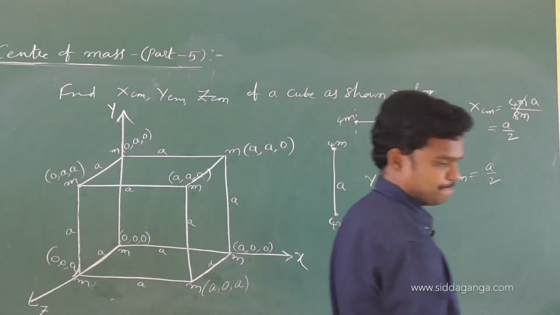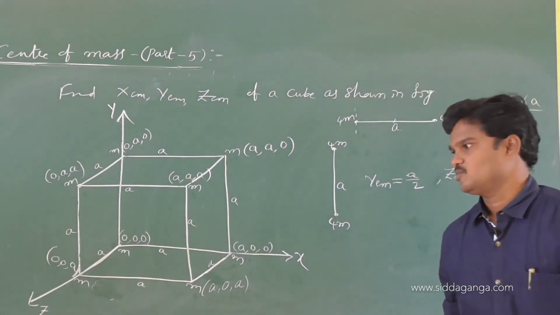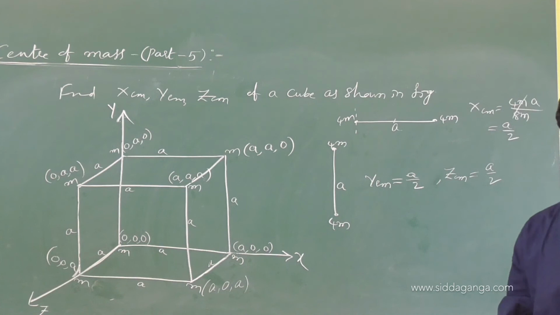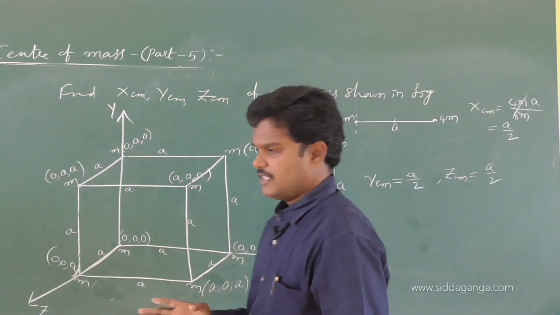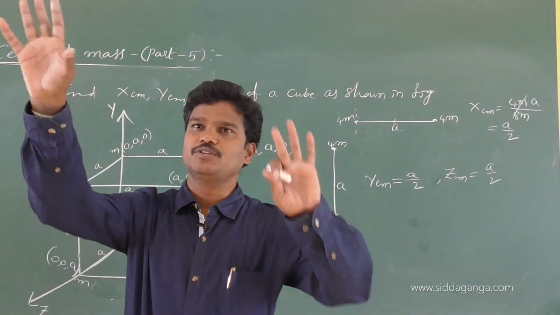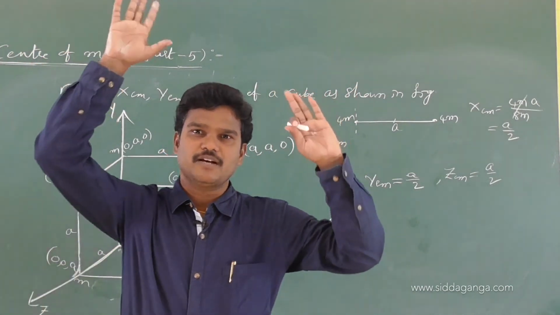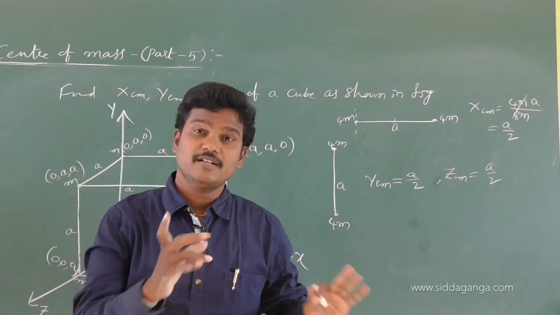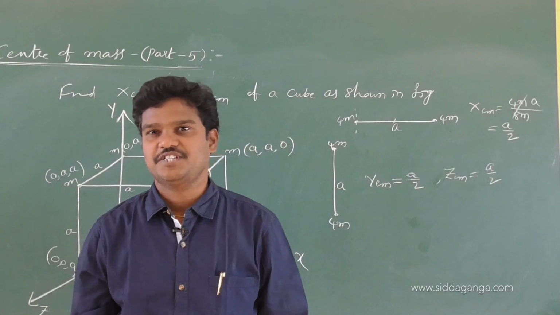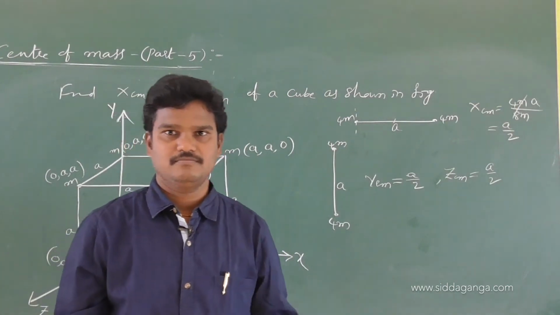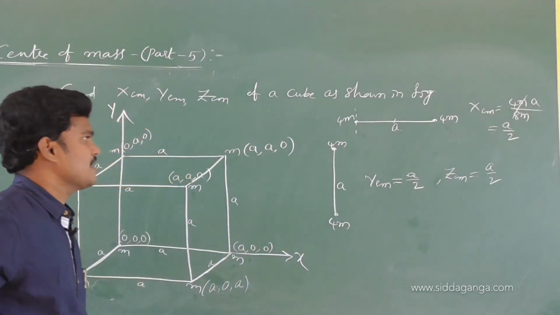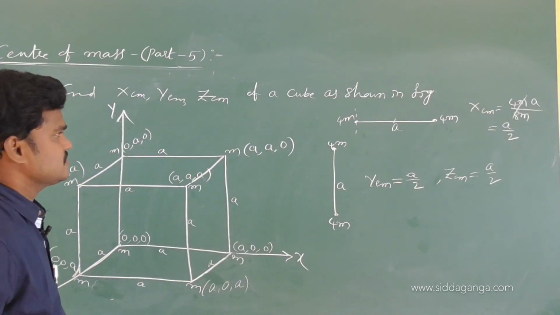Then you find it. Right now, if all are identical, A by 2. If masses are different, if front side masses are 2m and back side masses are m, then the coordinates of the center of mass will change. Let us see how those values change. So I think this one is completed.